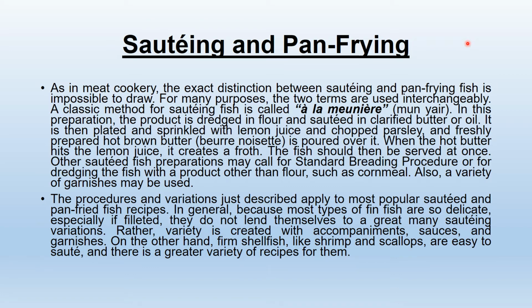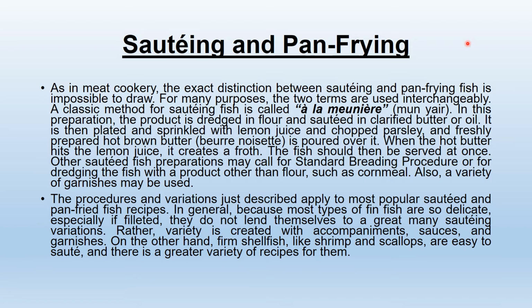It is then plated with lemon juice and chopped parsley, and freshly prepared hot brown butter sauce is poured over it. When the hot butter hits the lemon juice, it creates a froth. The fish should be served at once. You're not waiting, you have to serve that at once.